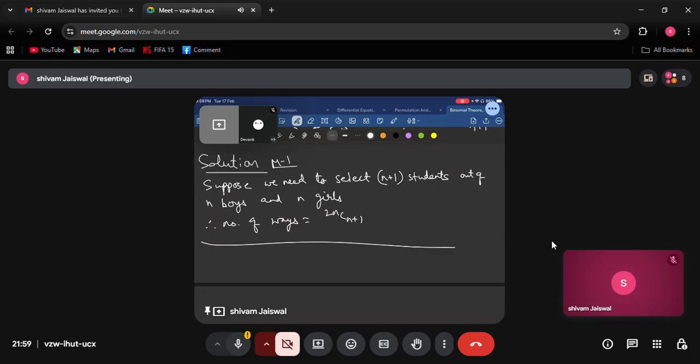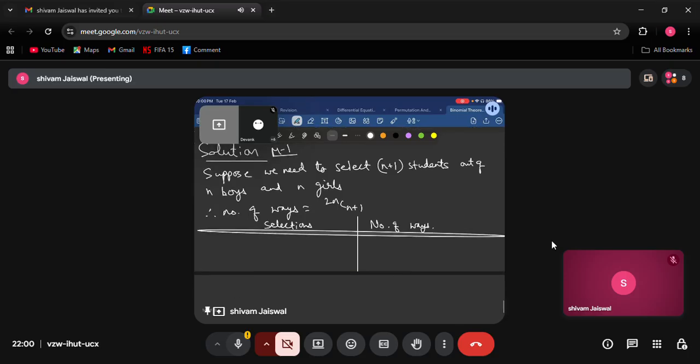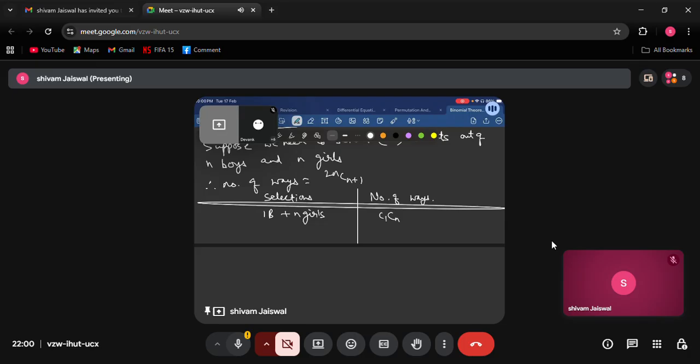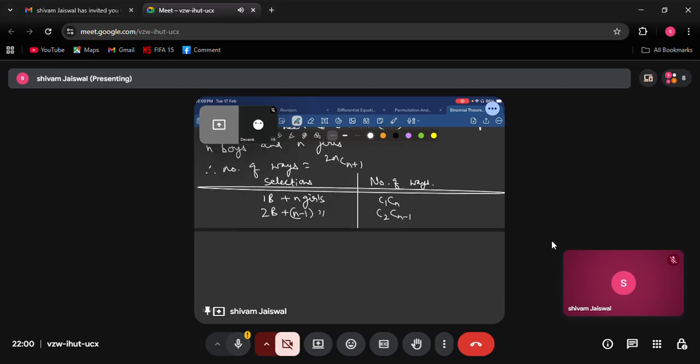Next, the number of ways to select. It can happen that you have selected one boy and n minus 1 girls, which can be done in nC1 into nC(n-1). Next, two boys and n minus 2 girls, done in nC2 into nC(n-2). Dot dot dot.